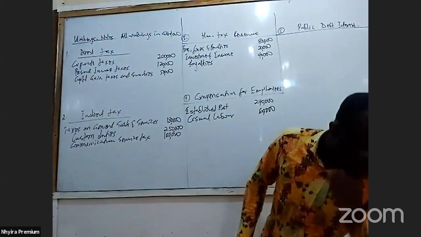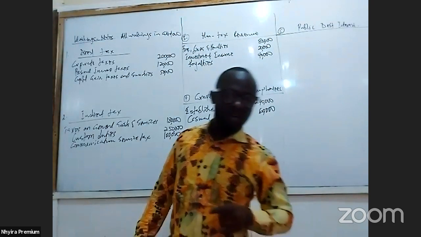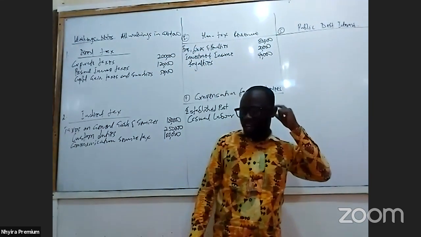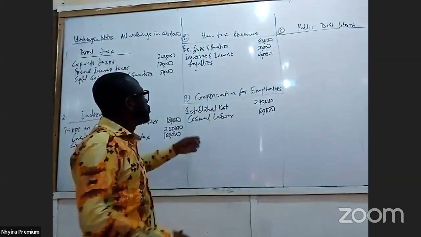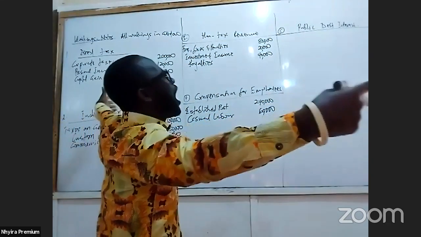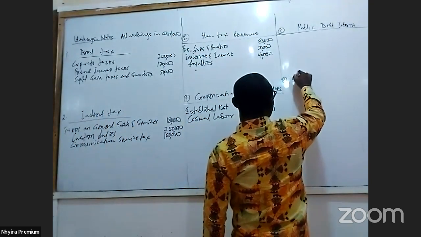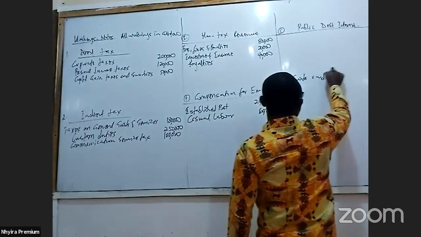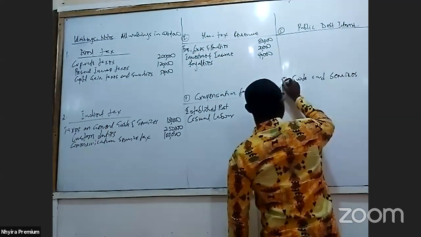Next one, travel and transport. Now, when you hear something like travel and transport, that will be part of goods and services. Can you imagine? I didn't open workings for goods and services. How can I commit such an error? So let's put it here, goods and services. So that's going to be working 6, all right?